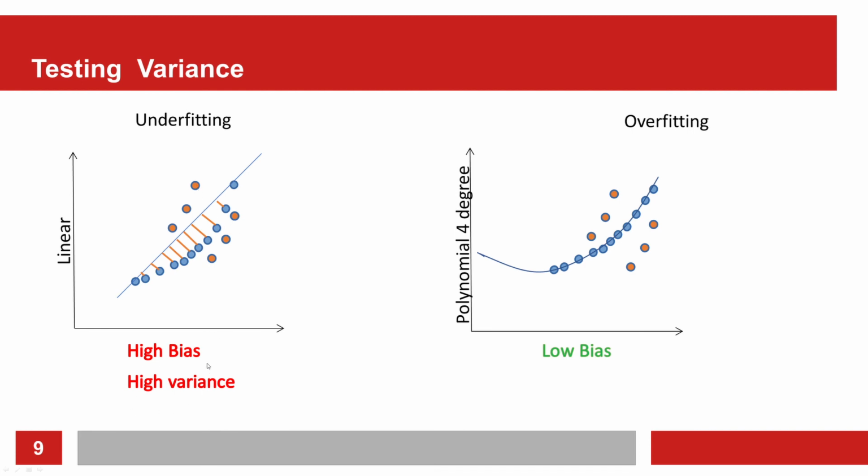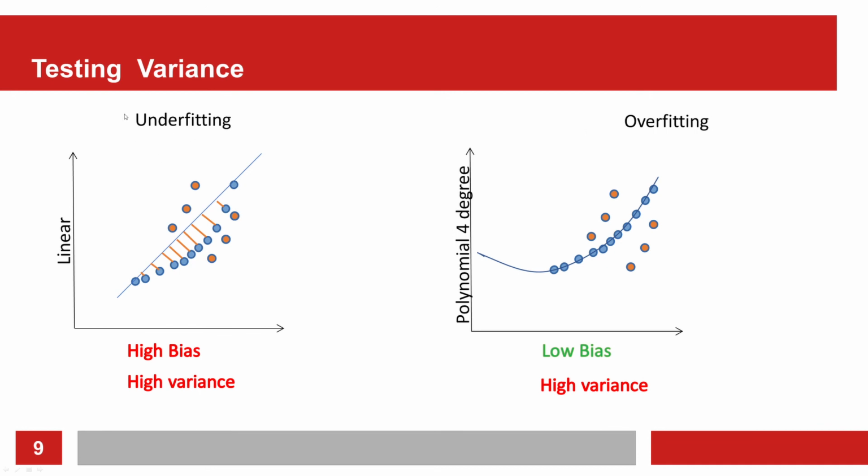It means I will have much error regarding the testing data because it's far away from this line. In the opposite direction, with this polynomial degree, in the training the cost is zero, but if I have new data, I will have high variance. So this is underfitting and overfitting.